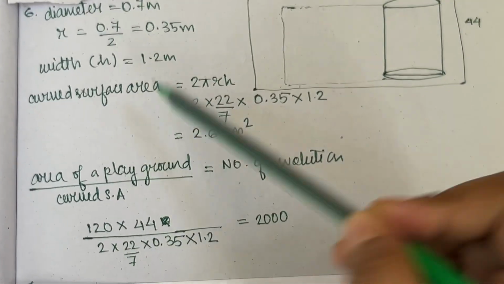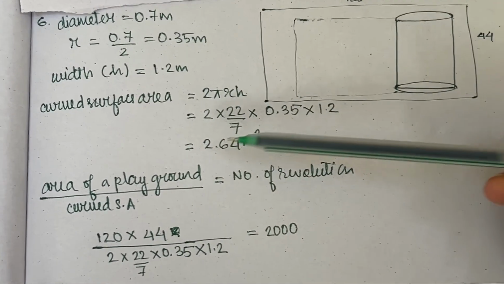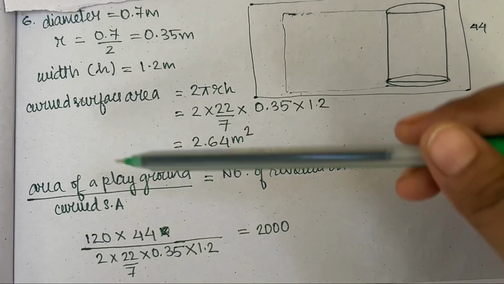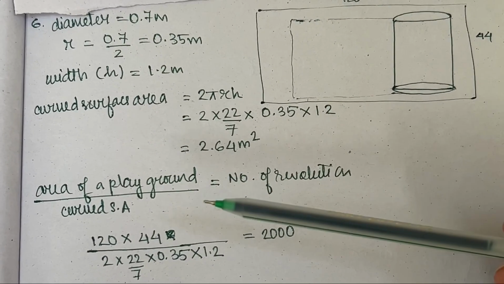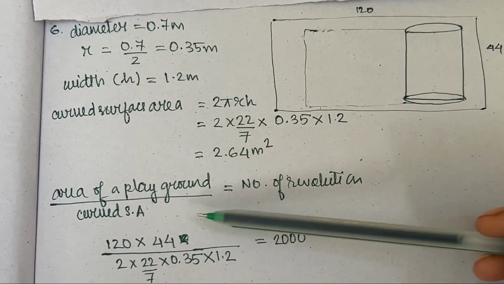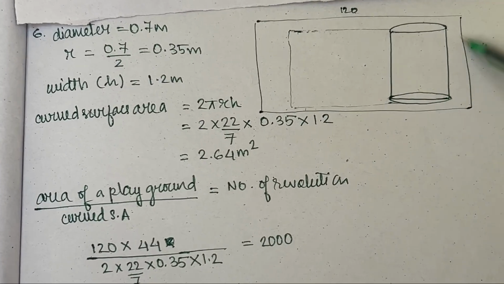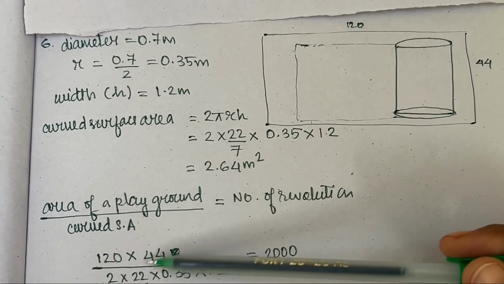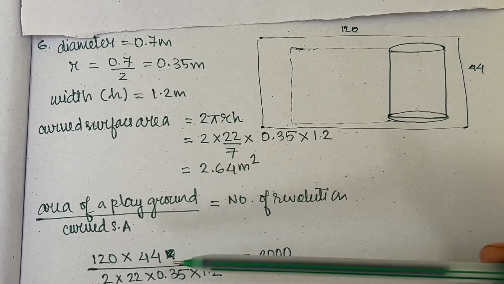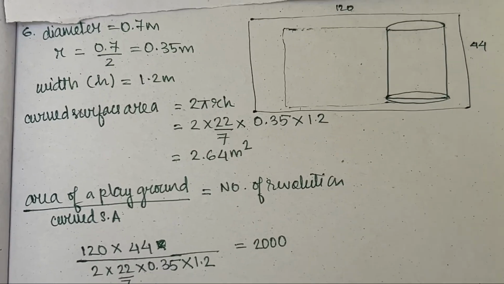Curved surface area 2 pi r h, just substituting the values of r and h and getting it as 2.64 meters square. Now we need to find the area of the playground; area divided by curved surface area gives number of revolution. So area will be 120 into 44, that is the area of the playground, and the roller will be curved surface area, that is this one. So just substituting the values and getting 2000, that is the number of revolution.